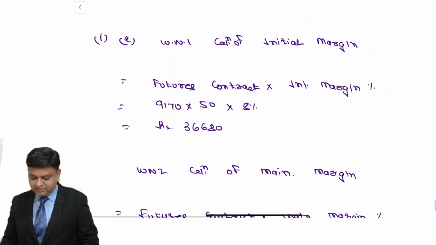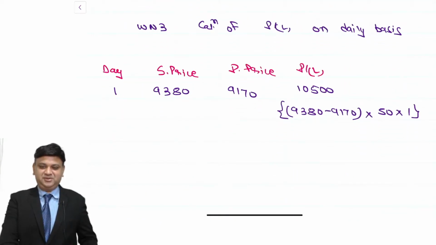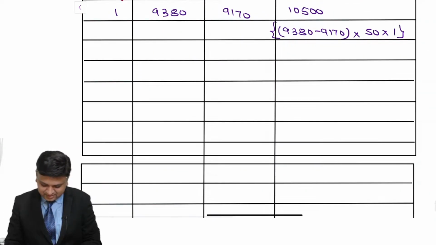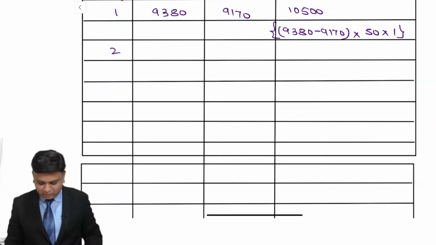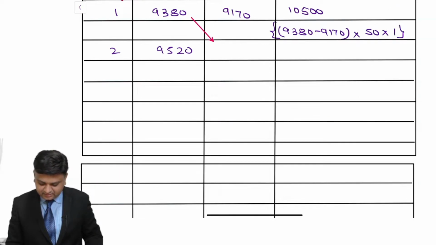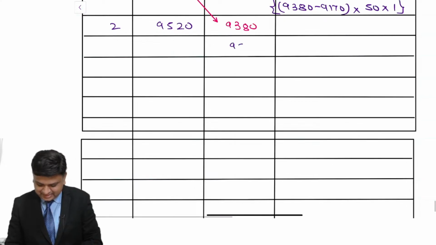I request all of you to complete working note number 3, and based on that, you prepare the margin account. Chalo, on second day, the closing price is 9520. So assuming that at the end of the second day the trader squares off the transaction, what will be the profit or loss? 9520 minus 9380 into 5050 into 1.